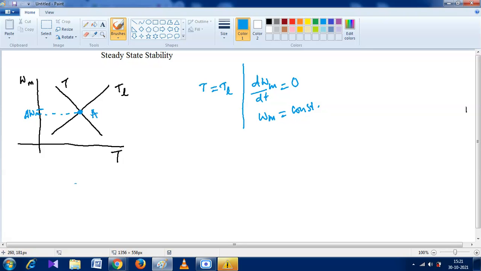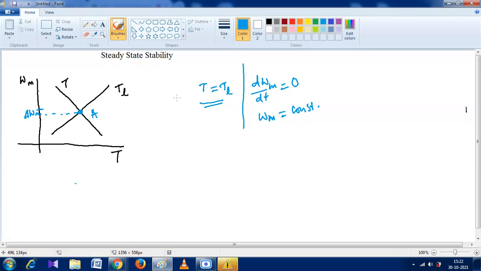Now I think you have understood what is stable equilibrium and what is unstable equilibrium. Repeat again, sir. Actually, an operating point or equilibrium point means there is no acceleration or deceleration of the speed of the motor load system, and at that point T is equal to TL.